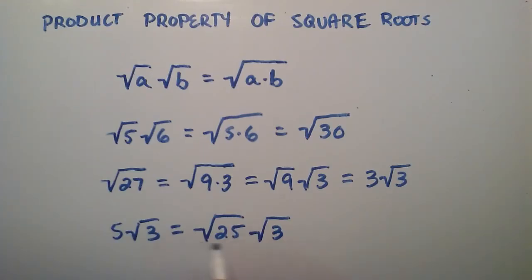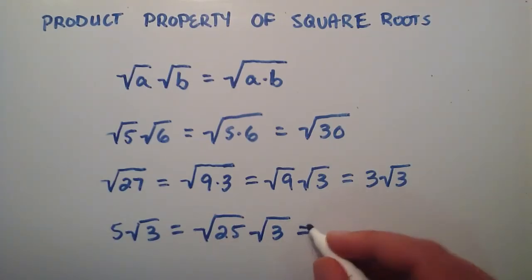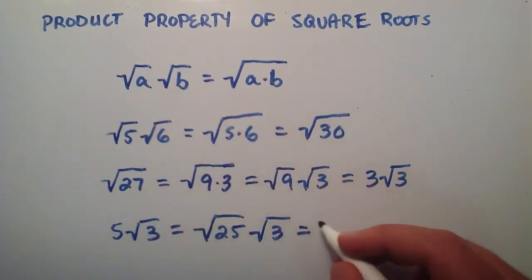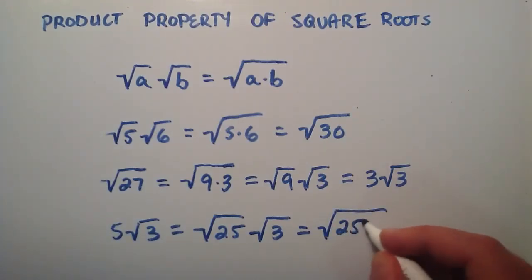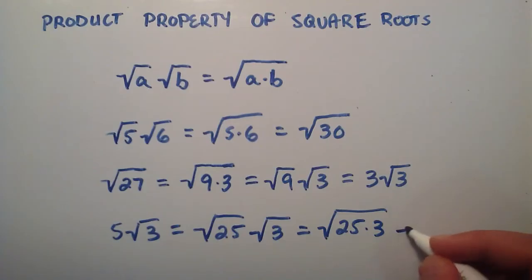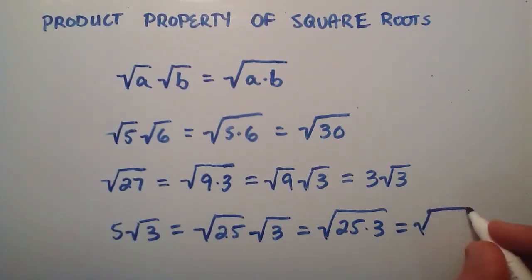So these are equivalent now. And now we have it in this form up here, so we can rewrite this as the square root of 25 times 3, and 25 times 3 equals 75. So we found that the square root of 75 is equal to 5 times the square root of 3.